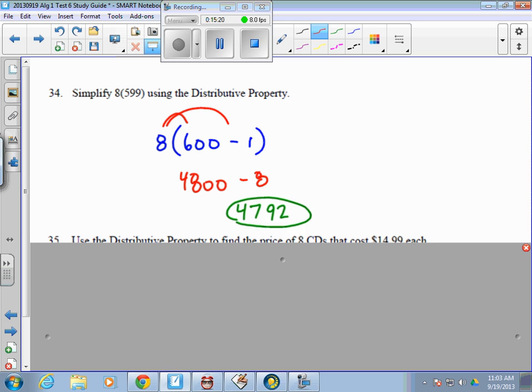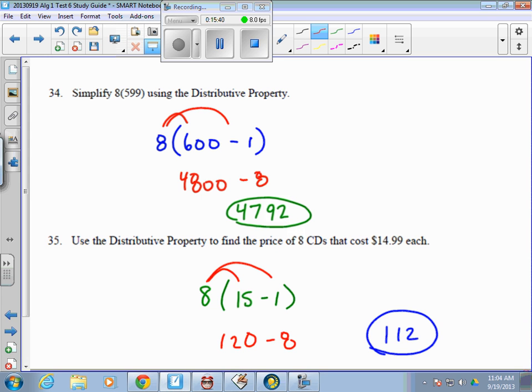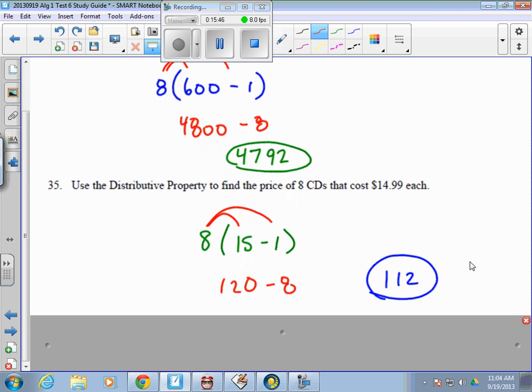Then it says use the distributive property for 8 CDs that cost $14.99 apiece. Again, instead of multiplying 8 times $14.99, 8 times 15 minus 1 cent. So $15, 8 times 15 is the number 120. And we actually have to change this real quick. I made a mistake when I was doing it quickly earlier. It is 120.